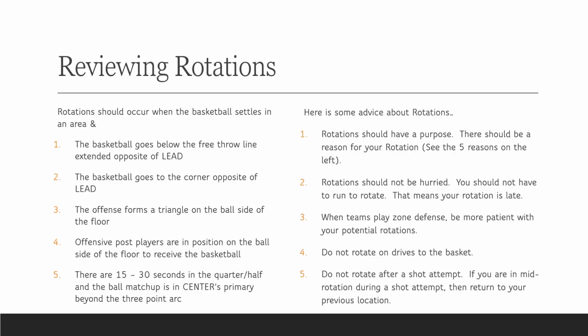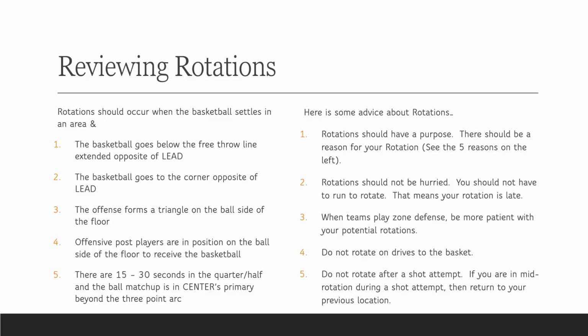Let's review some things about rotations. Again, rotation should occur when the basketball settles in an area and the basketball goes below the free throw line extended, opposite of lead. The basketball goes to the corner, opposite of lead. If it goes to the corner, opposite of lead, obviously it's below the free throw line extended, opposite of lead.